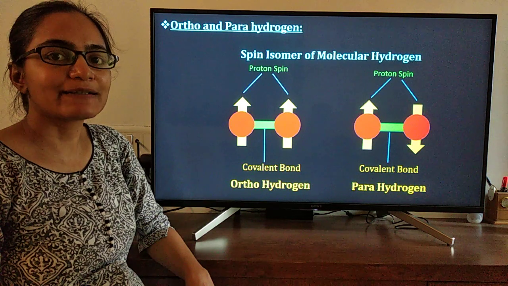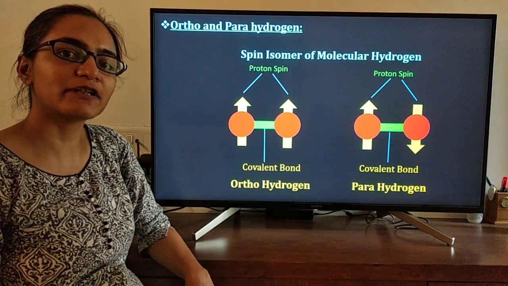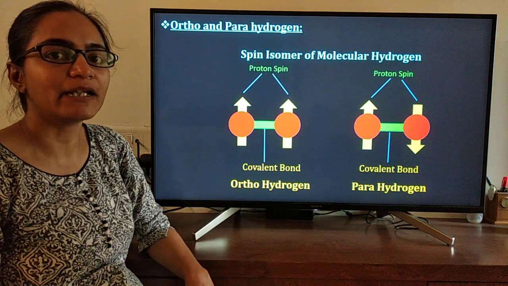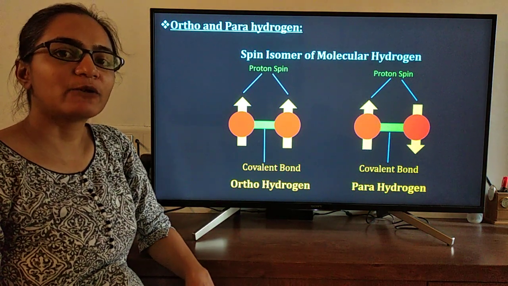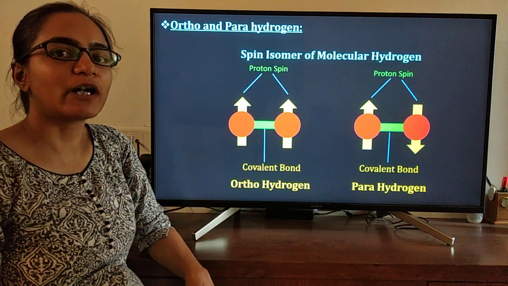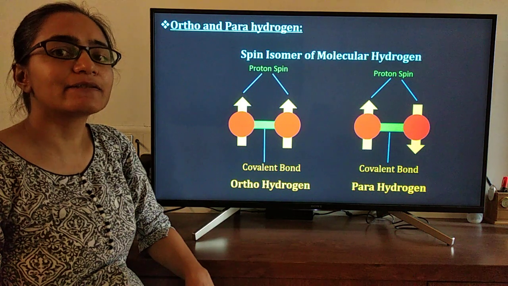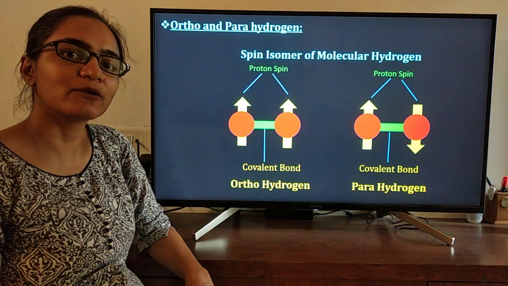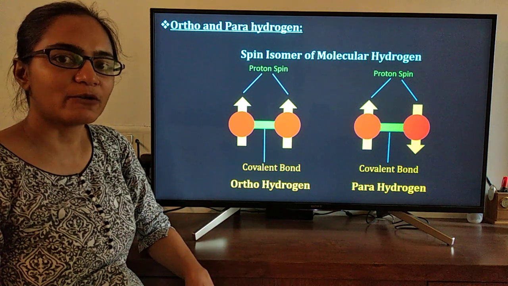Each proton has an associated magnetic moment, which is associated with the proton spin plus or minus 1 by 2. In the H2 molecule, the spins of the two hydrogen nuclei couple to form a triplet state, known as orthohydrogen, and a singlet state, known as parahydrogen.